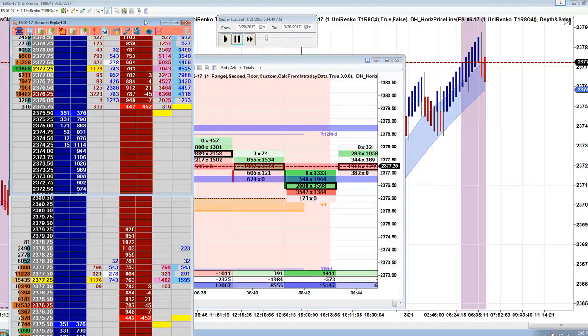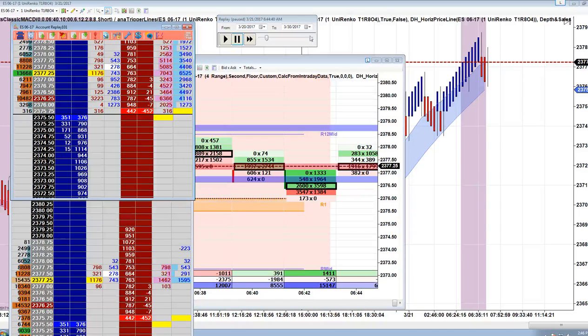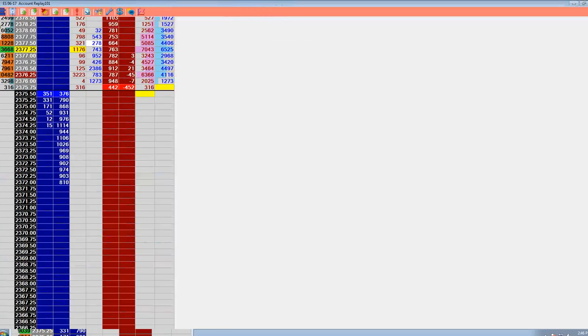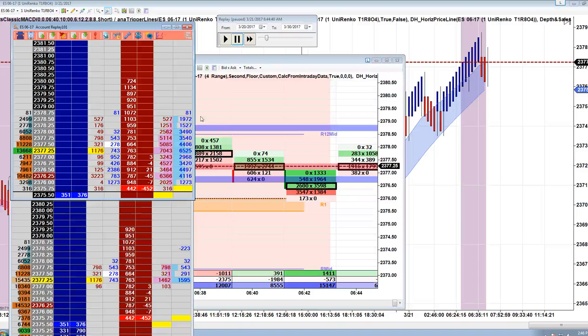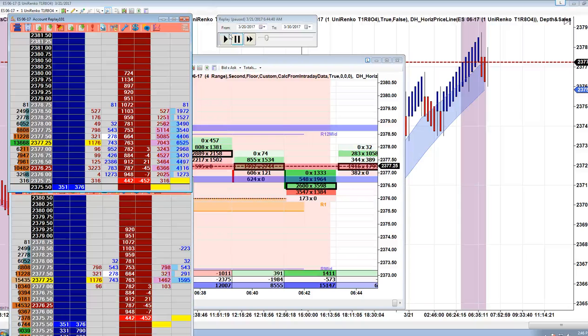Did it again, damn it. This is just a graphics glitch in Jigsaw, and you have to fool around with it. During a live session that doesn't happen too often, although you do have to straighten it out once in a while, especially if the market's moving fast. It's just a glitch in his software. Someday I hope they fix it because it's annoying.